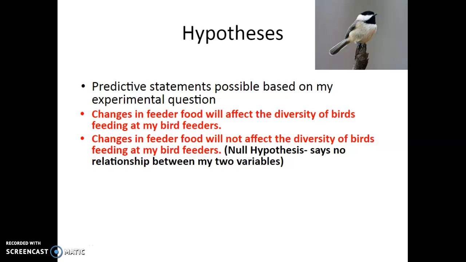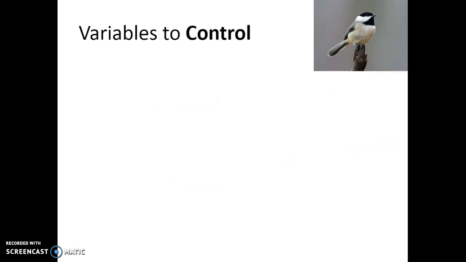It's also possible that changes in feeder food will not affect the diversity of birds feeding at my bird feeders. That would be saying that there's no effect of changing the food on the diversity of birds. So experiments are framed with the null hypothesis in mind too. That was sort of general hypotheses related to the question, but then you might refine your hypotheses based on your specific experimental procedures.